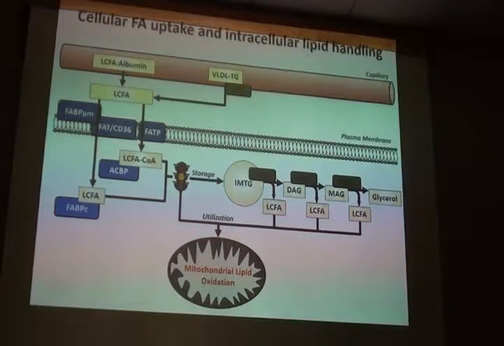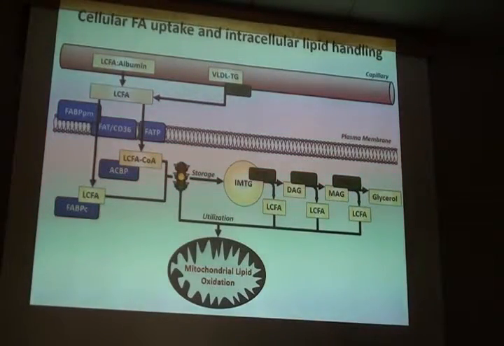So you can see that wherever the transport is, whether it's in the circulation or in the cell, there's a carrier protein that helps traffic these things wherever they need to go. And within the cell, the cell has a choice of whether the lipid ends up going into storage, such as in the triglyceride pool, or whether it ends up being utilized as a fuel source.